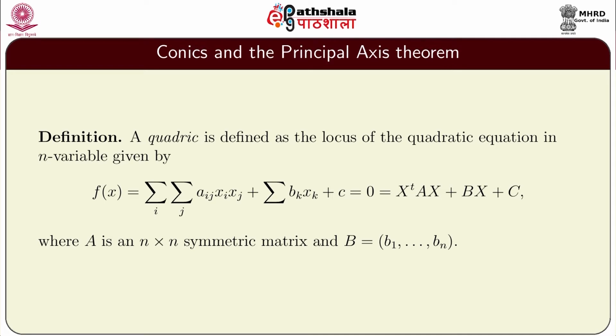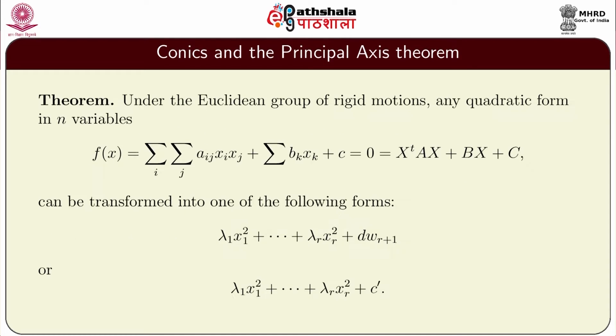The linear part is written as Bx, where B is the row (B1, B2, ..., Bn), and x stands for the variables x1, x2, ..., xn, and then the constant c. Therefore, x transpose Ax is a quadratic form associated to a quadric. Now, this is a classification theorem. Let us state this without proof.